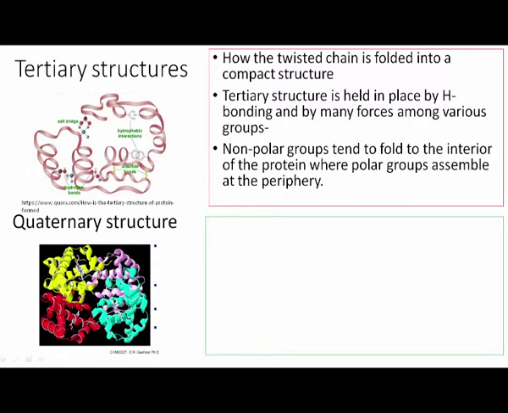So, this is the tertiary structure of this yellow polypeptide chain. This is the tertiary structure of the magenta, blue polypeptide chain, this is the red one and so on. So, there are 4 polypeptide chains, but now each one of these polypeptide chains has come together to form a quaternary structure, and our very well known hemoglobin is such an example.